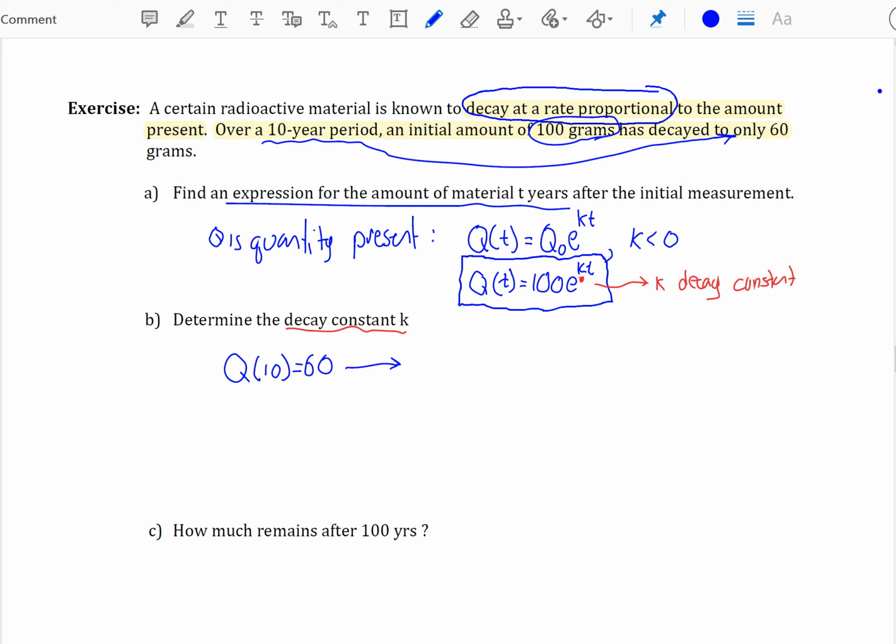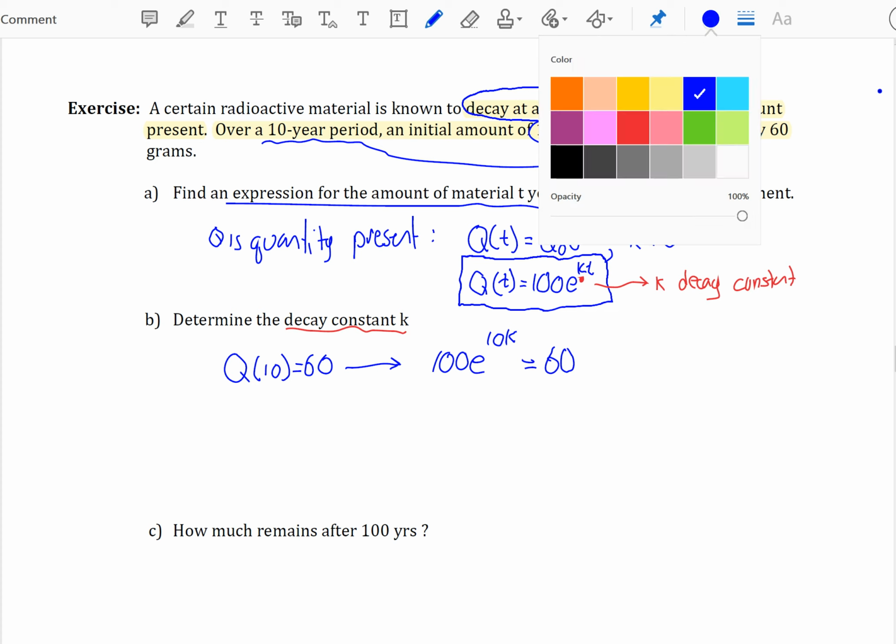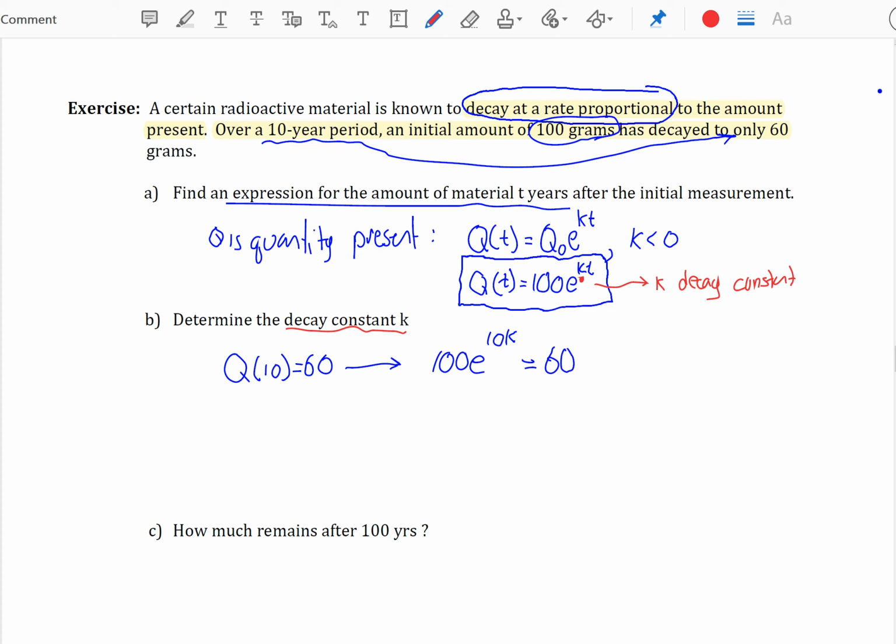And leads us to solve the equation 100 e to the 10k, remember t is 10 years, when is this equal to 60 grams? This leaves an equation with only one value not known, and that's the value of our decay constant.